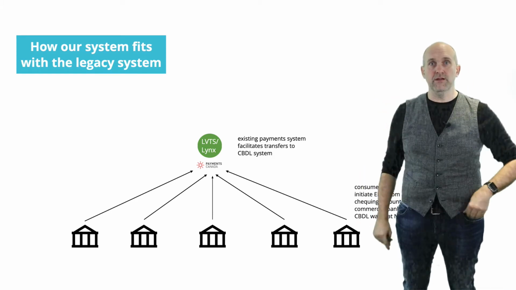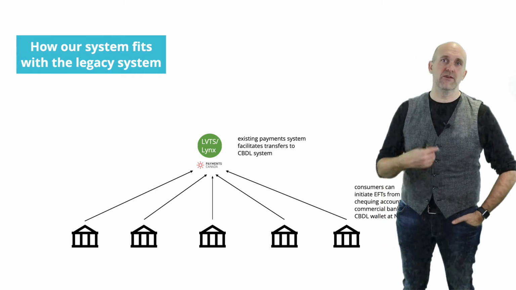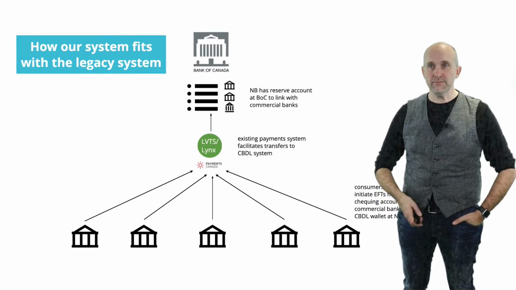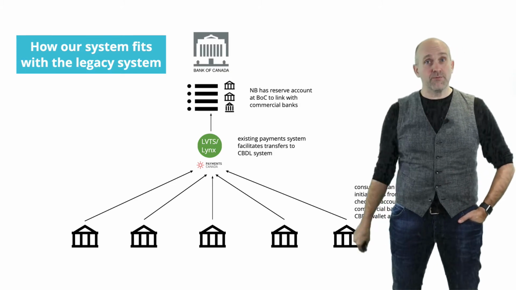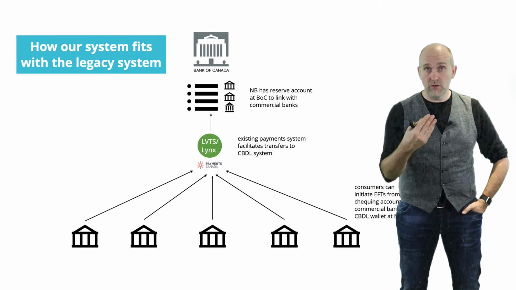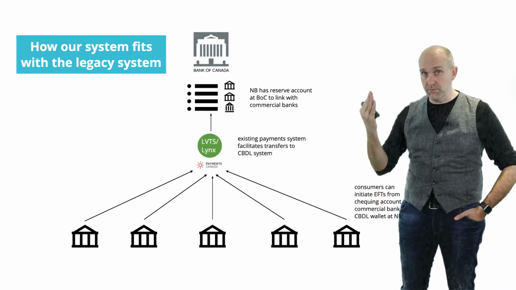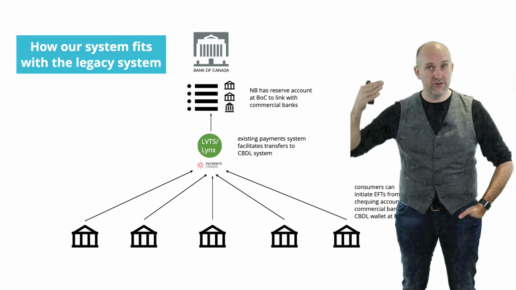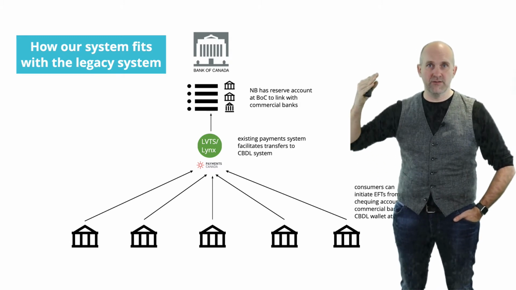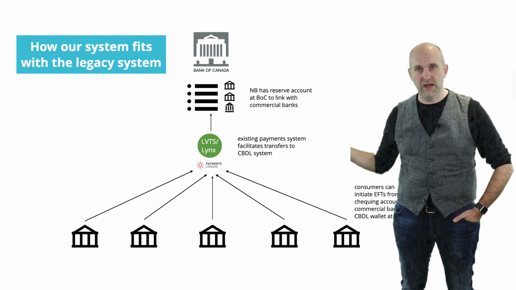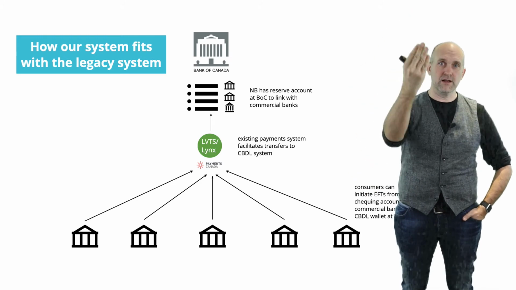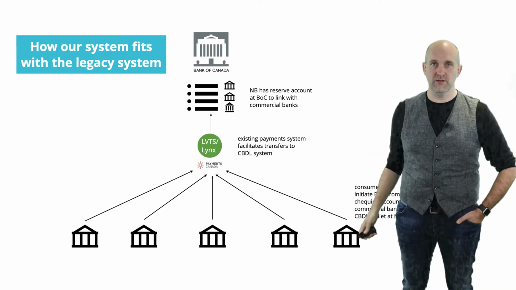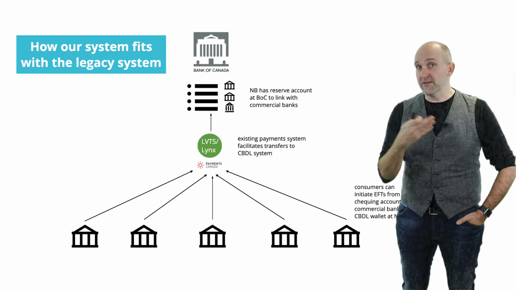Those will then be processed in what's referred to as the large value transfer system. And this transactions processor that we have in mind, which has all the accounts for all the Canadians, would be part of that system. They would have an account with the Bank of Canada so that you can have these transactions happen from your commercial bank account to this transactions processor. So now this is a critical component.